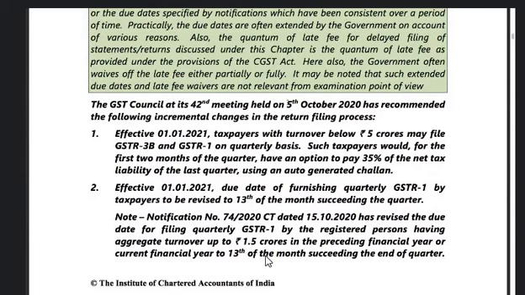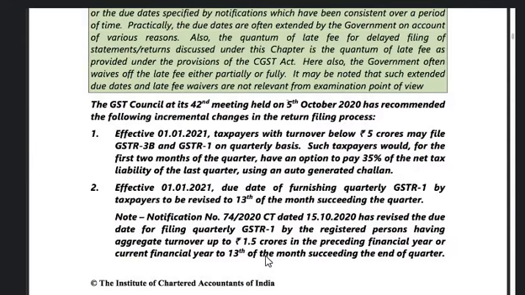And this quarterly return filing is applicable only for those dealers whose aggregate turnover is below 5 crores. So it is optional. If they want, they can use this quarterly return filing option, or they can use the monthly return filing. So what is the system of quarterly return filing?